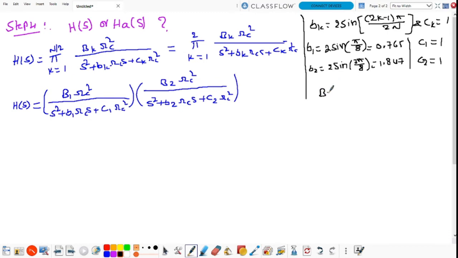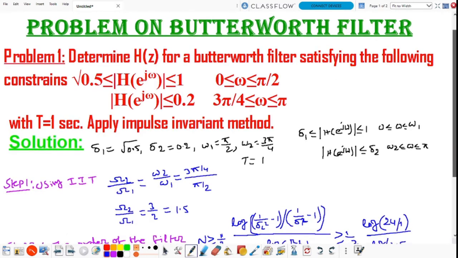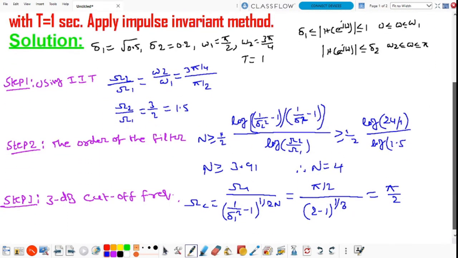Therefore capital B1 is equal to 1 and capital B2 is equal to 1. Therefore the product of B1 into B2 is equal to 1. And substitute all these values into this equation, we get the analog filter system function H of s is equal to: B1 value is 1, omega c value, the 3 dB cutoff frequency value, is already calculated, and its value is pi by 2.